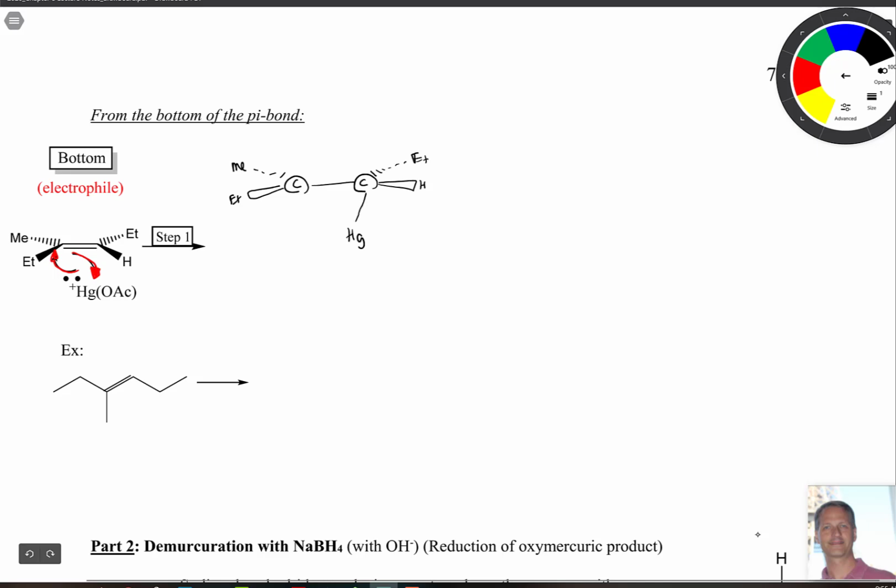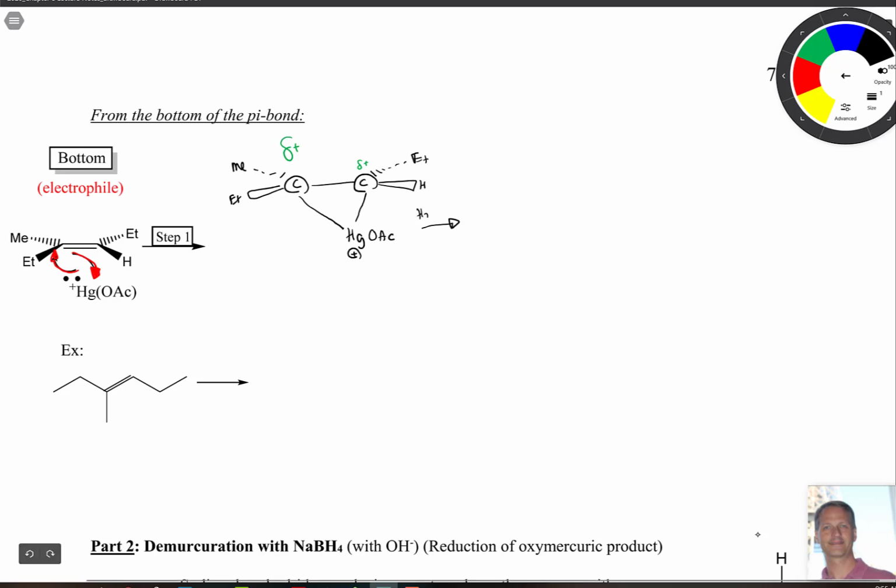So we get this guy. You can kind of see it's slightly leaning, right? And then OAc plus. All right, and again, remember the idea is that we have a bigger delta plus here, smaller delta plus over on that side. And then the rest of this reaction follows the same thing that we saw in the last step.